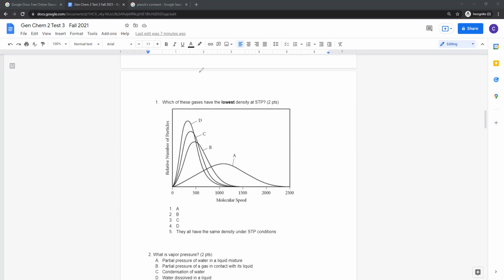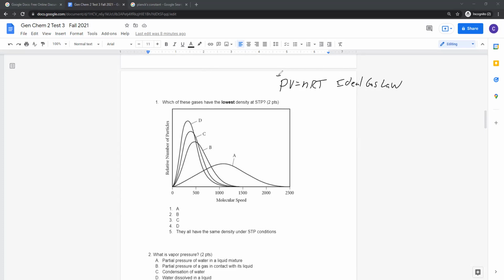All right. So first off, what's STP conditions? We're dealing with a gas here. So PV equals nRT. Anytime we deal with a gas, we want to talk about the ideal gas law. At STP, you're at standard temperature and pressure.